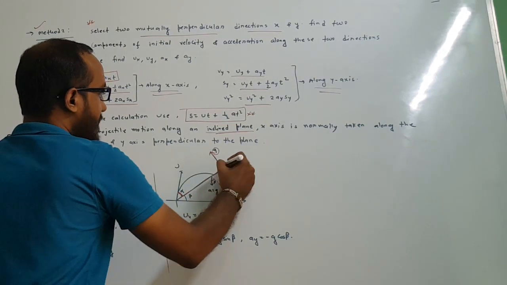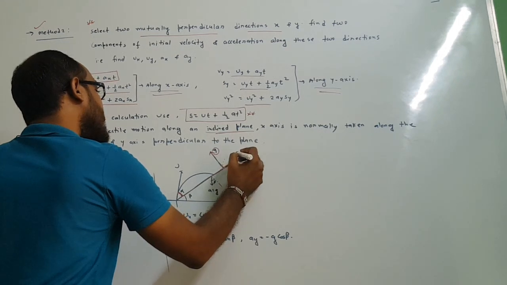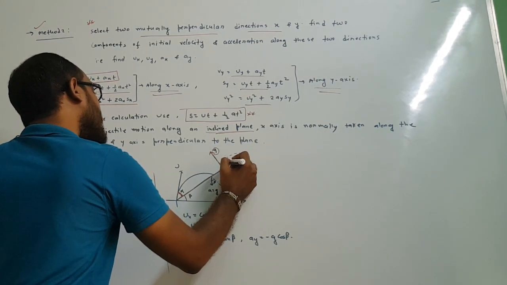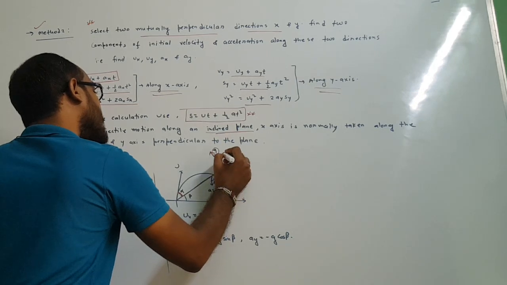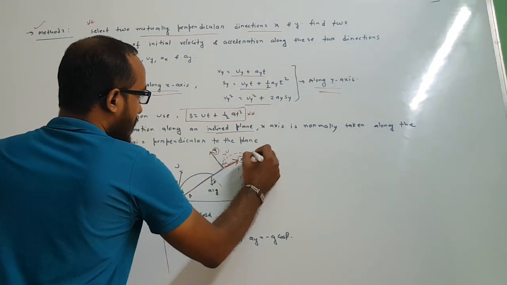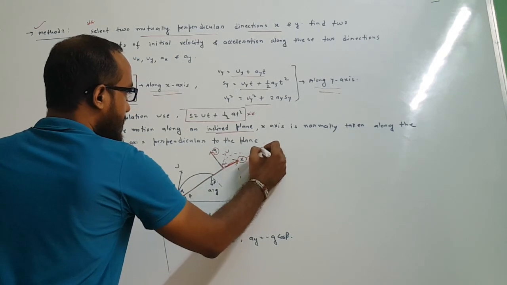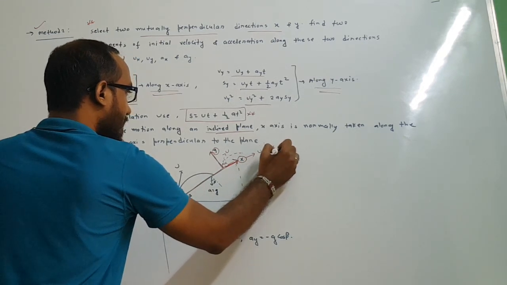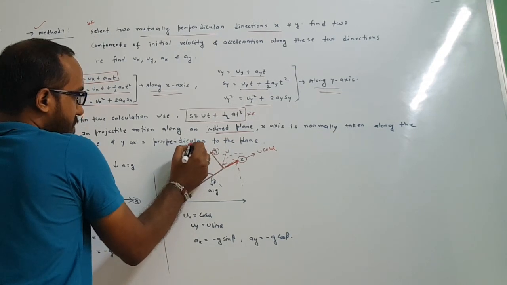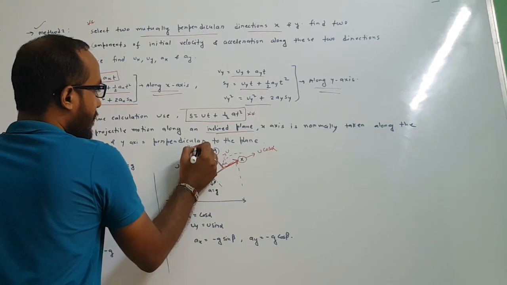If you throw something like this, the same angle alpha would be here. So we can say that our x component now is u cos alpha, and our y component now is u sin alpha.